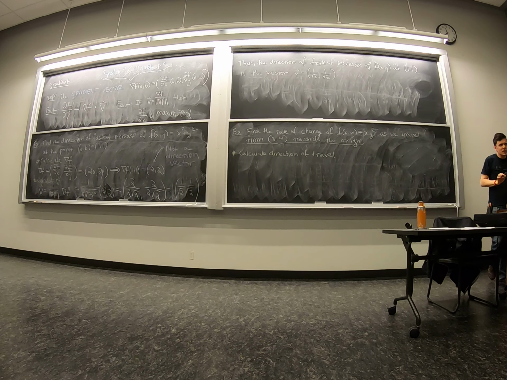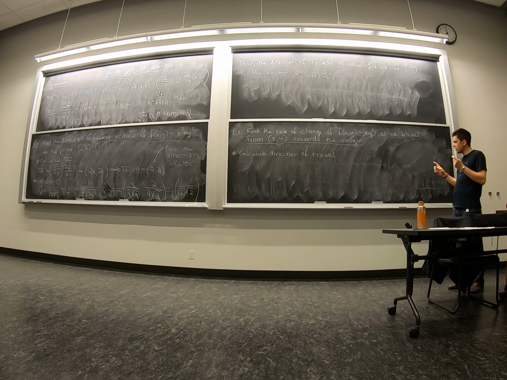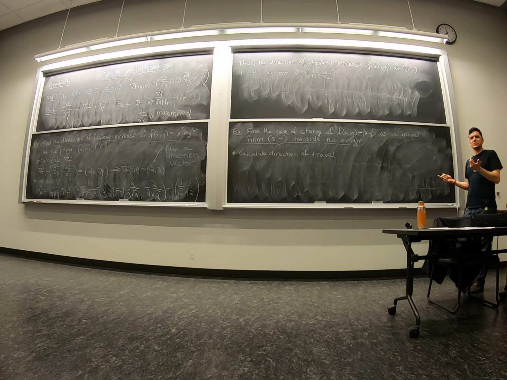This is one of these places where we come up against geometric vectors versus algebraic vectors. We've got to think, should we plug in 3, 4, or the origin, or what? We've got two vectors here. Which one's the right one to care about?